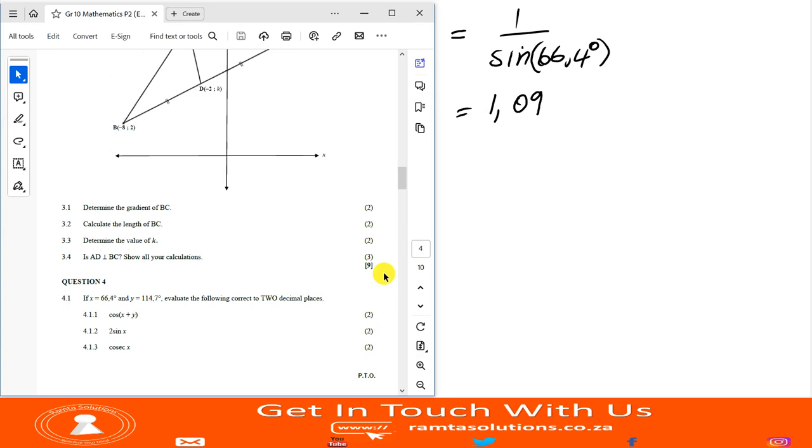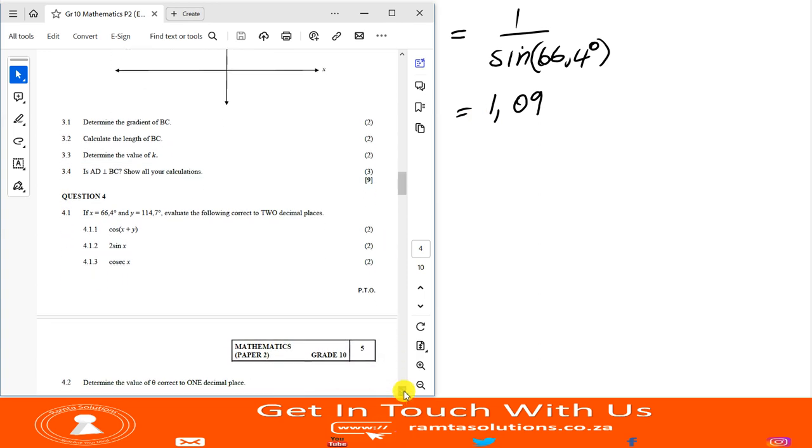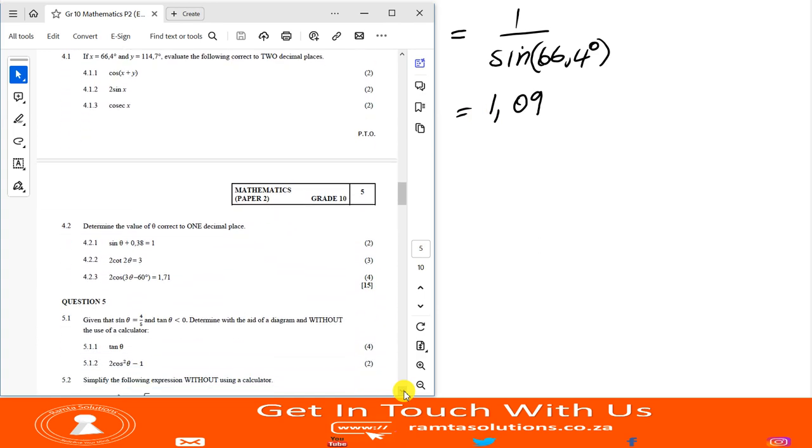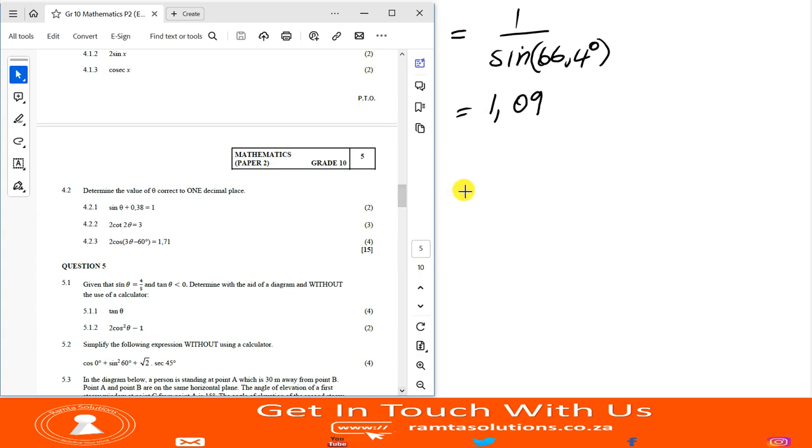Now let's get to the next questions. 4.2 says determine the value of theta correct to 1 decimal place. Highlight 1 decimal place.